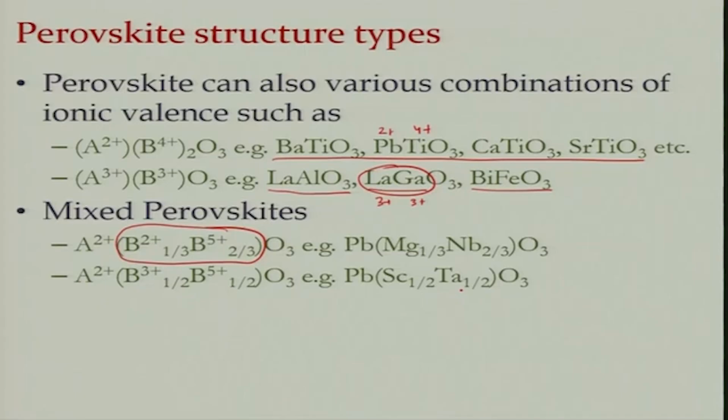A variety of these materials have partial substitutions of sites by different ions. Of course, you will have to maintain the stoichiometry so that it remains charge neutral. These mixed perovskites have different properties, as we will see later in the ferroelectric materials section.